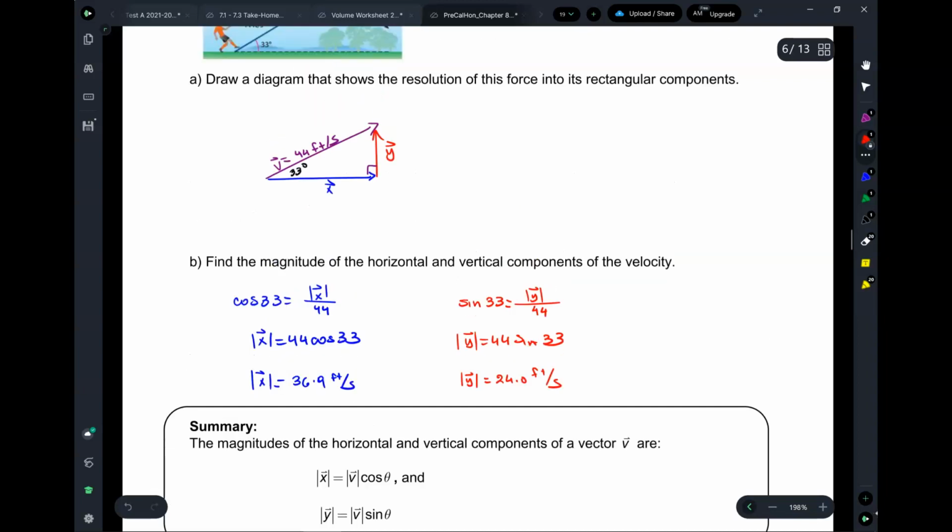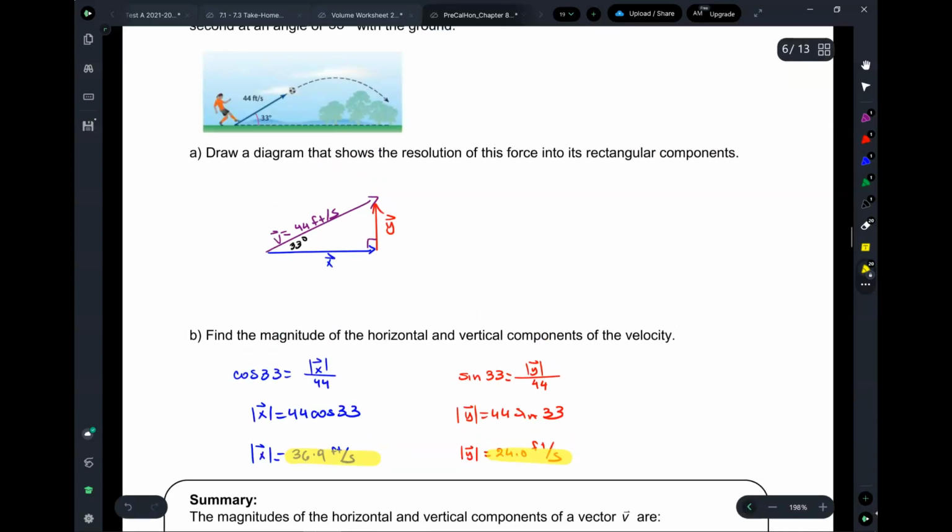So look at this. This person kicked the ball at an angle of 33 degrees. Do you see how the horizontal component has a velocity of 37 almost, whereas the vertical component has a velocity of 24?